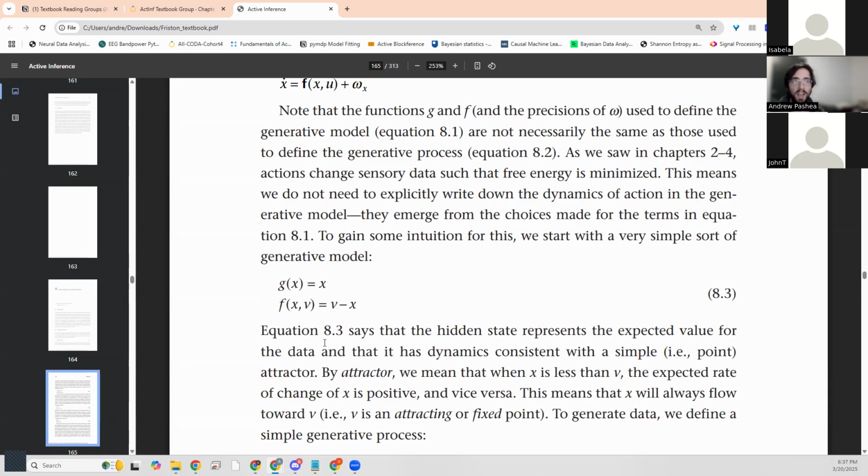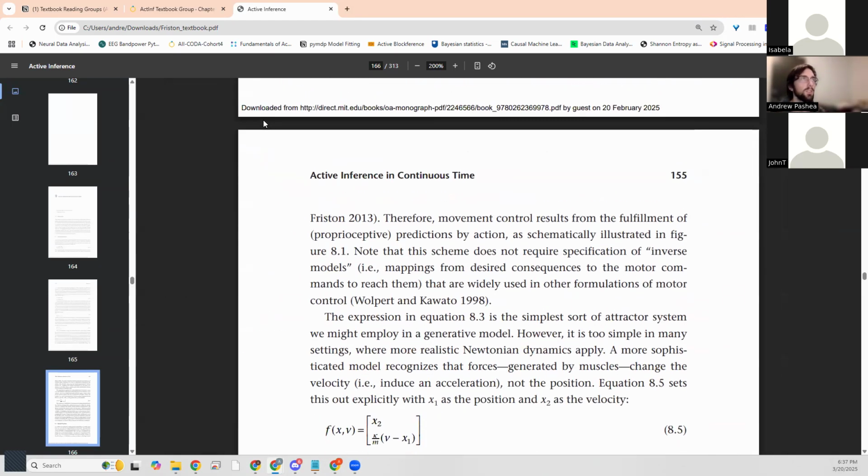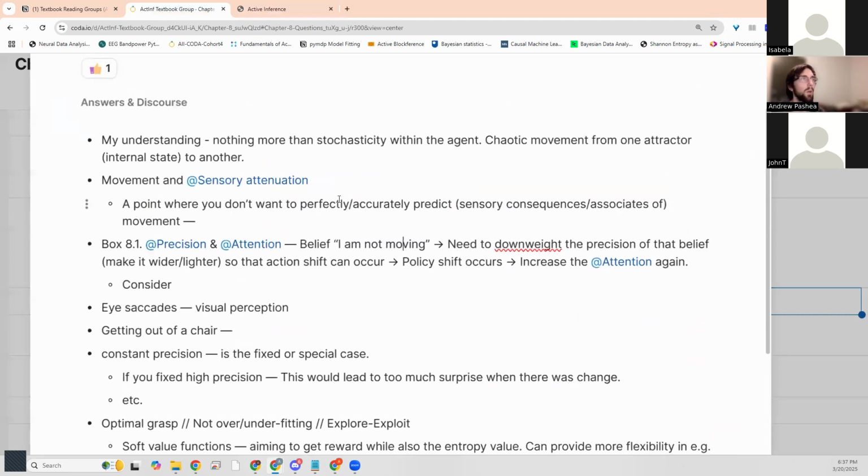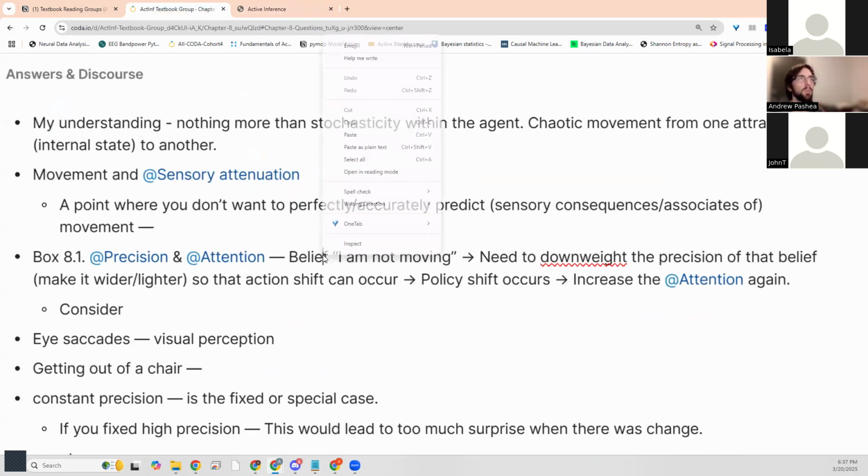You can imagine this kind of strange conflict that occurs, even though presumably all of you wants, in a more colloquial sense, to stand up. So what is this sensory attenuation about? What is belief, I am not moving, need to downweight the precision of that belief so that action shift can occur, policy shift occurs, increase the attention again.